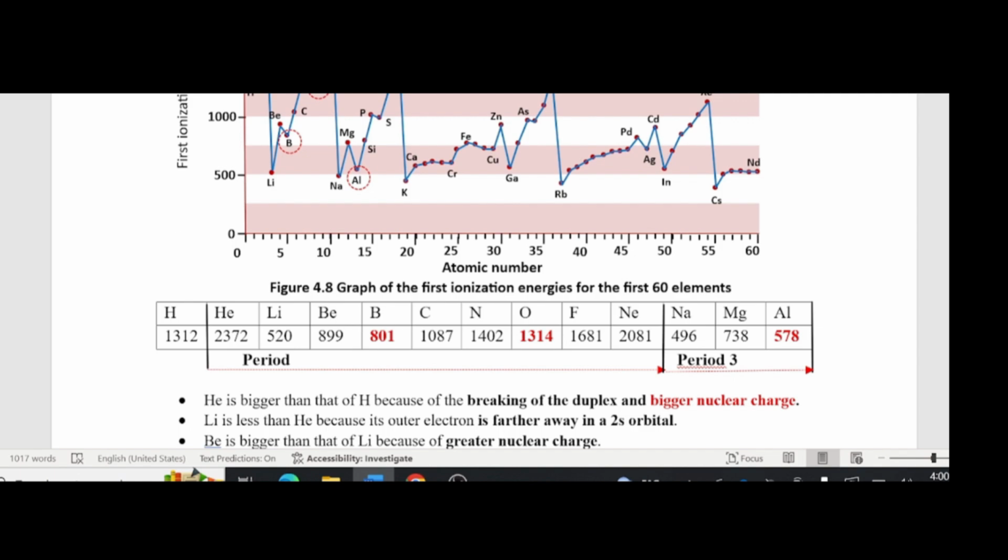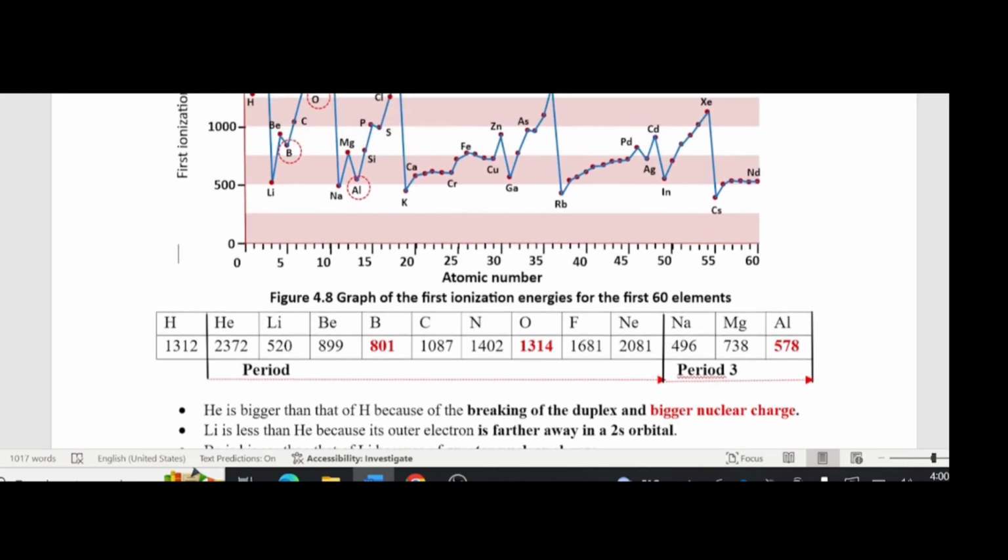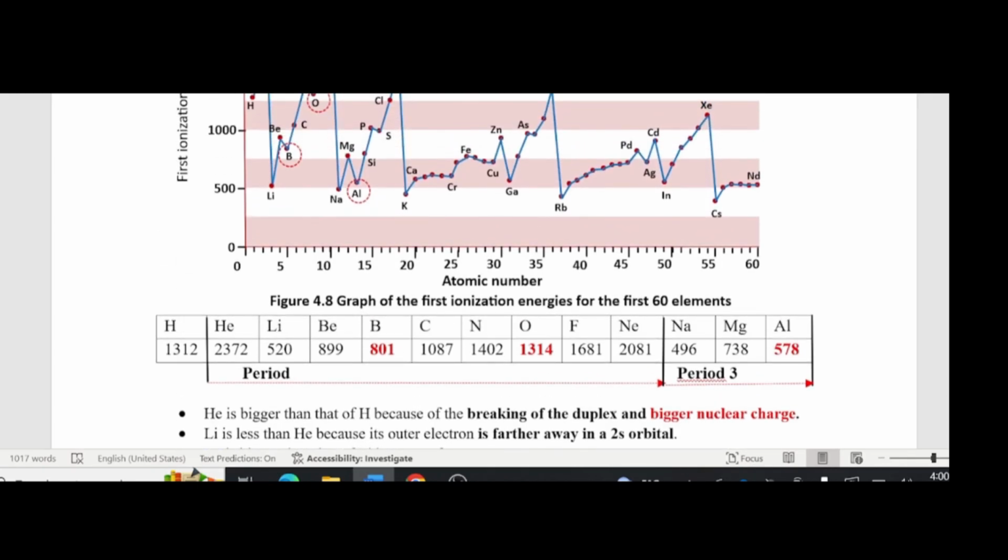Lithium, of course, is less than hydrogen because lithium has an extra electron. Helium has 2 electrons in the first shell, but now lithium has 1 electron in the L shell.